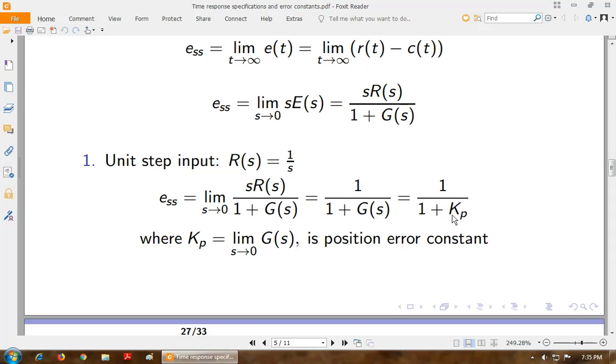Kp is the limit as S tends to 0 of G(s), so substituting S equal to 0 in G(s), one can find the Kp value. When it is cancelled, then it is going to be 0 and the steady state error is going to be 1.